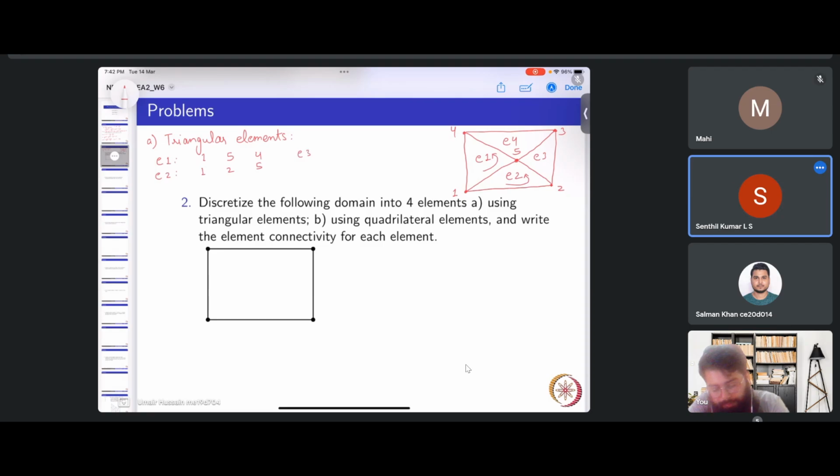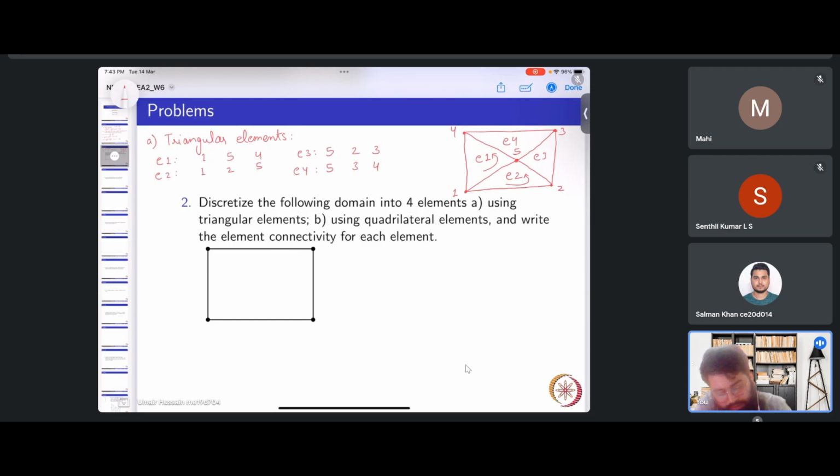So again for element 3 we can have 5, 2, 3. Okay. And for element 4, what do we have? Can someone try? 5, 3, 4. Yeah, 534 is fine. Again, it's not a very fixed thing. You can change it depending on how you want to sequence this numbering.